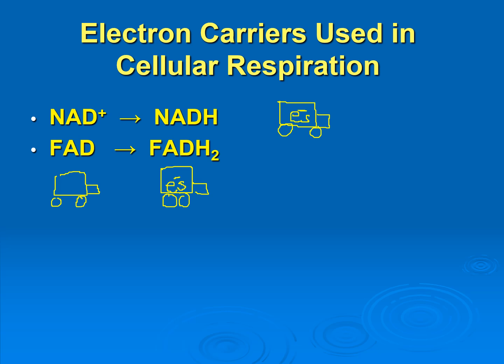Okay, and where these electron carriers are going to take their electrons is they're going to dump them off at the electron transport chain. Okay, and that'll be in our third step that we'll use our electron transport chain. So I just abbreviate the electron transport chain as ETC. That's a little bit easier than writing the whole thing out.